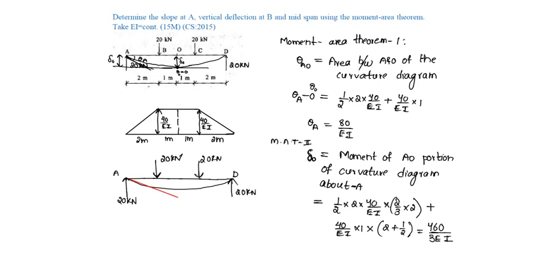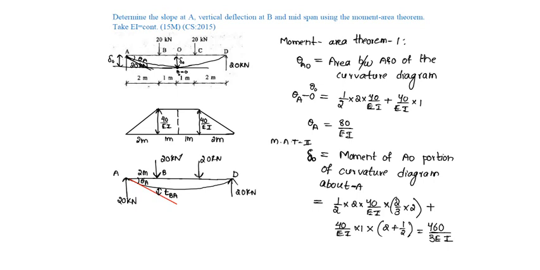Let us draw a tangent at A and, taking moments about B, we get this deviation. Let us say it is T BA, and this is theta A and this is 2 meters.